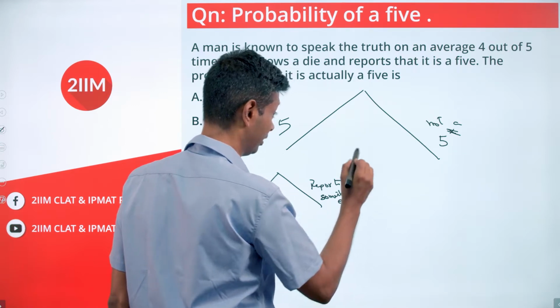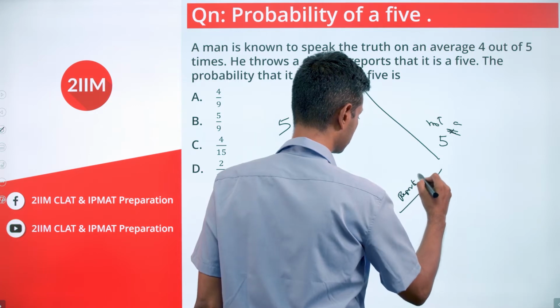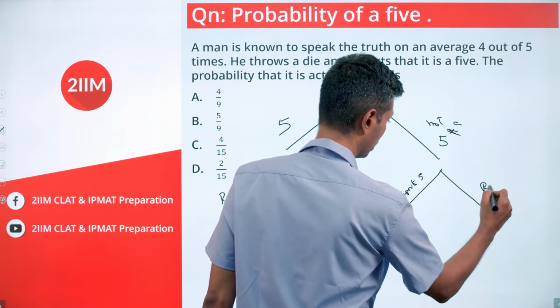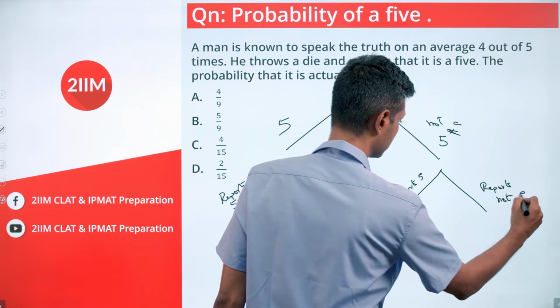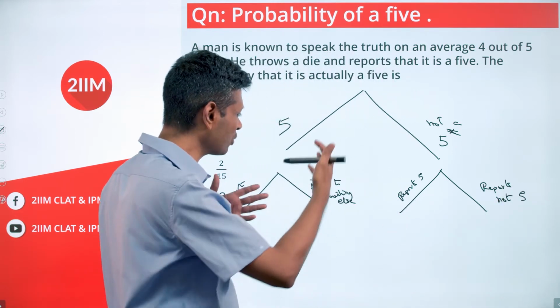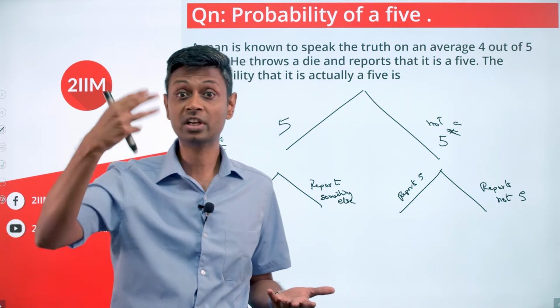Given not 5, he reports 5, or reports not 5. And then we'll carve out this entire probability and then go back to the reverse conditional aspect of it.